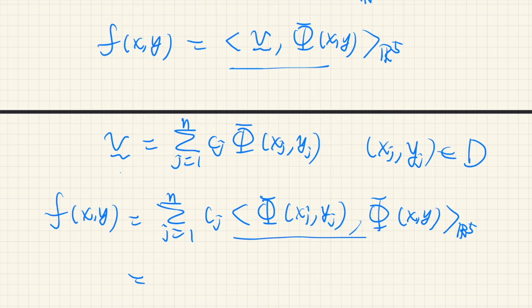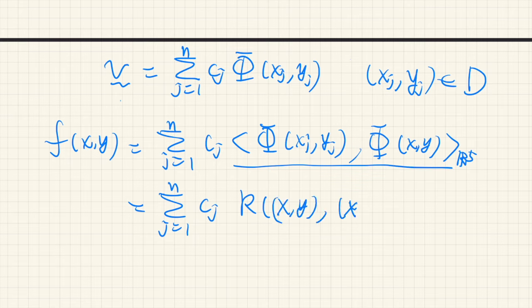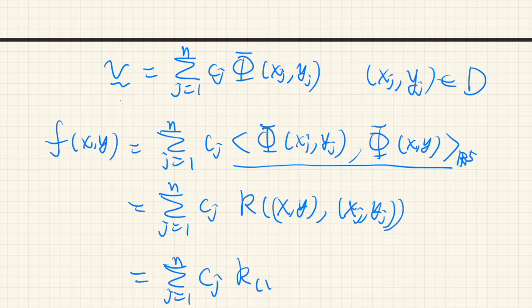And of course, this is the kernel function, so we have the kernel of x, y and xj, yj. And this may be written as a linear combination of the parameterized version of the kernel functions, parameterized by the data points xj, yj.